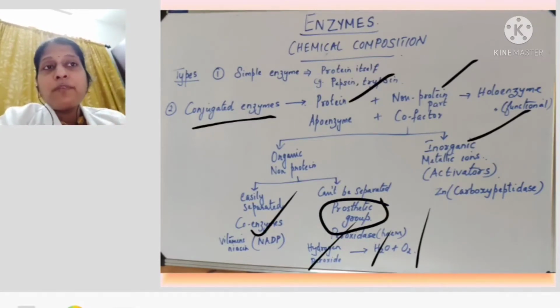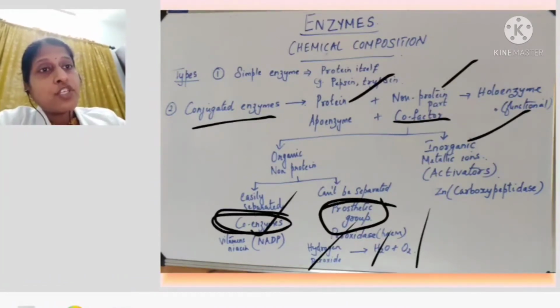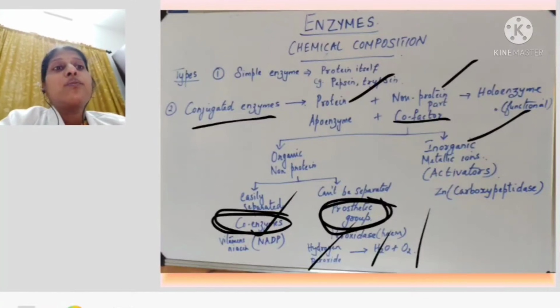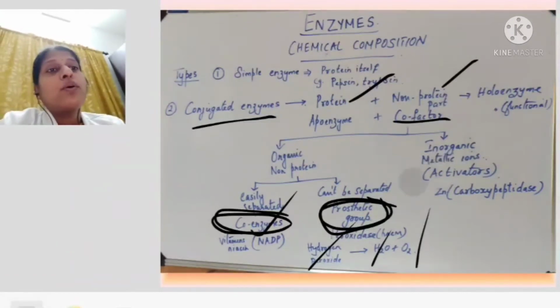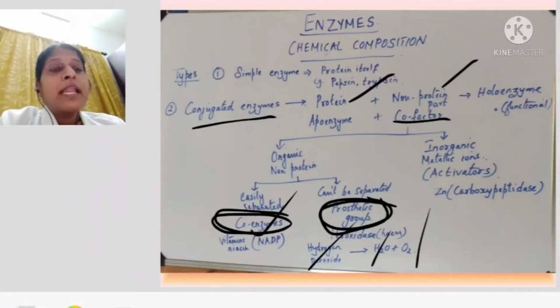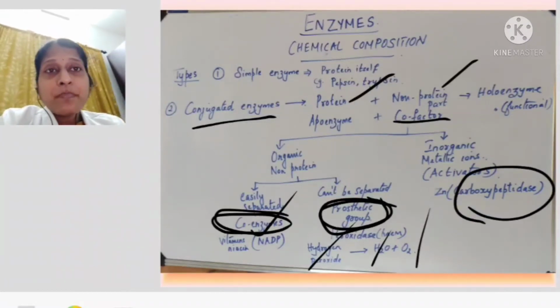So what all have we learned? We have studied two kinds of cofactor. Which ones? One is your coenzyme, second one is your prosthetic group. The third cofactor is your inorganic metal ion. Under inorganic, what do we call them? We call them activators. For example, an enzyme called carboxypeptidase.